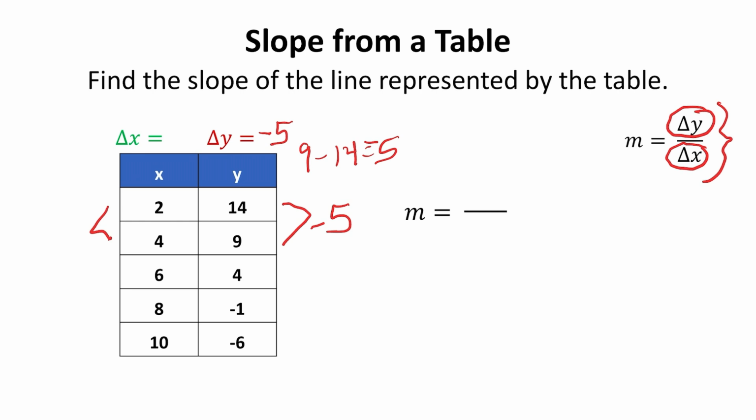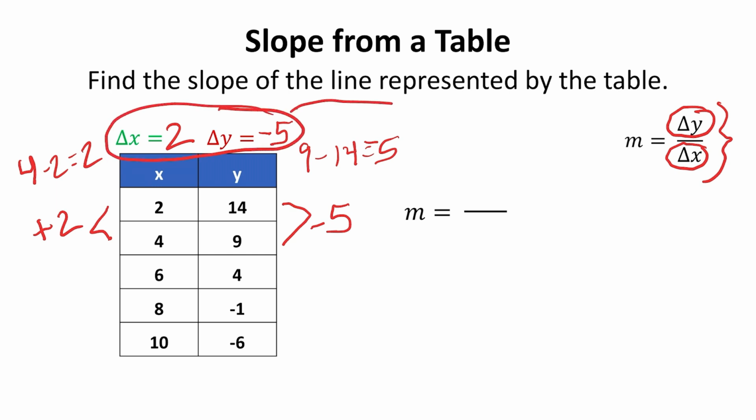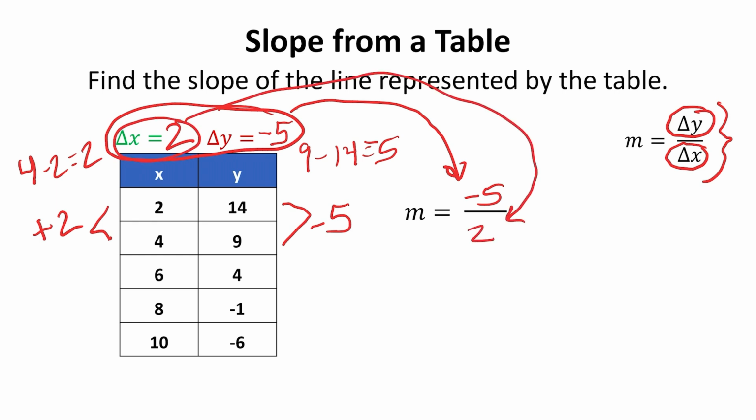The change in x, we're going from 2 to 4. That's getting bigger by 2. And you can do 4 minus 2, and that'll give you that 2. So the change in x is 2. Now that we have these numbers, we just put them in order. The change in y goes on top, negative 5 on top. The change in x goes on the bottom, 2 down here.